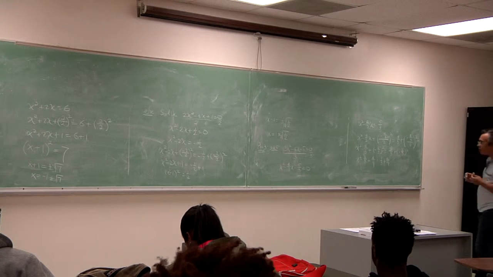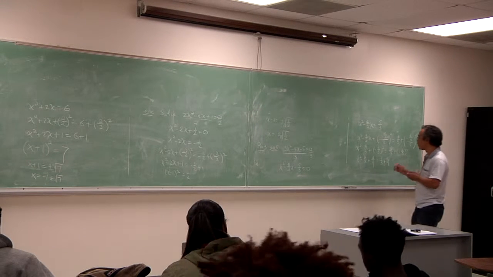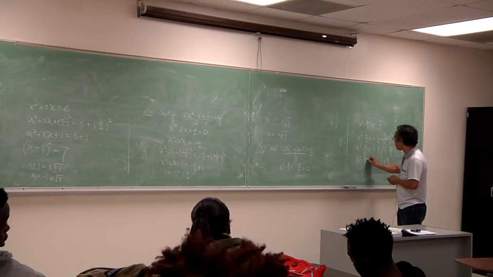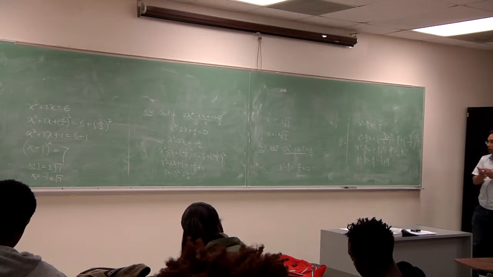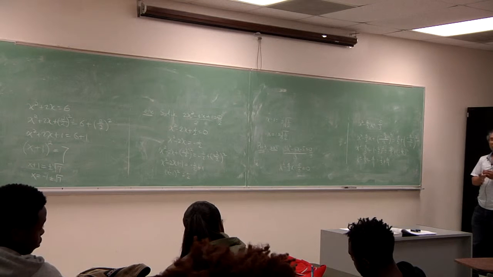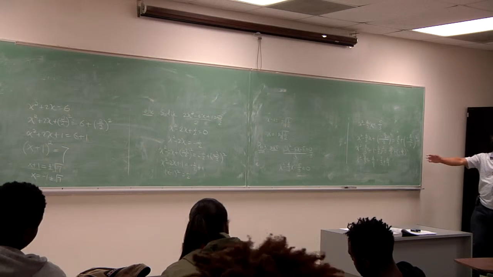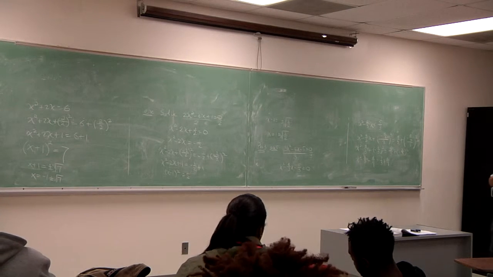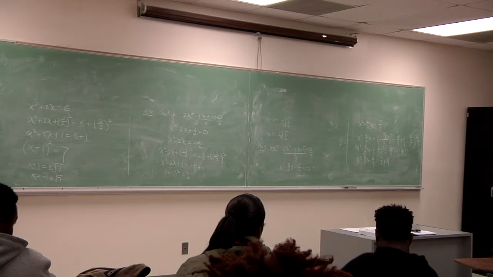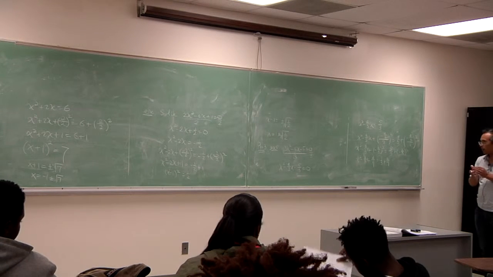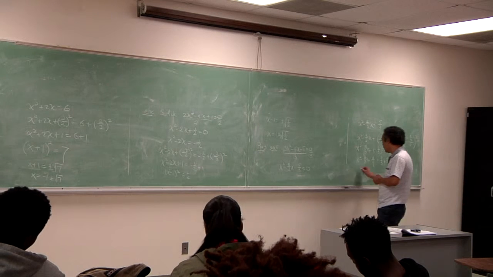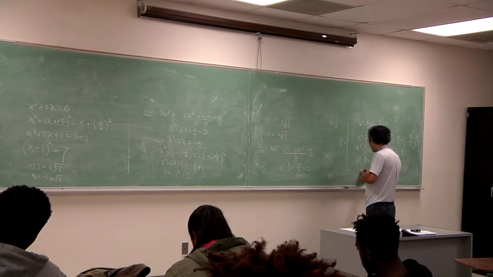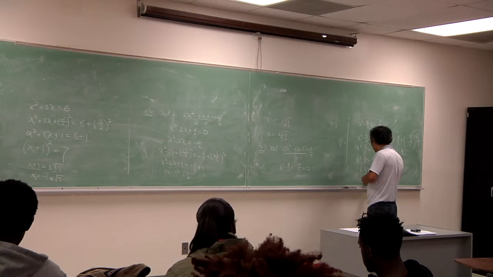Is it good so far? Mm-hmm. Okay, so there's an x there I forgot to put down. So now you can actually factor the left side, and what it is always x minus 2 over 3 squared.